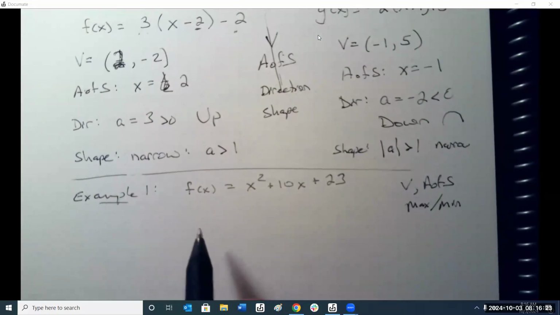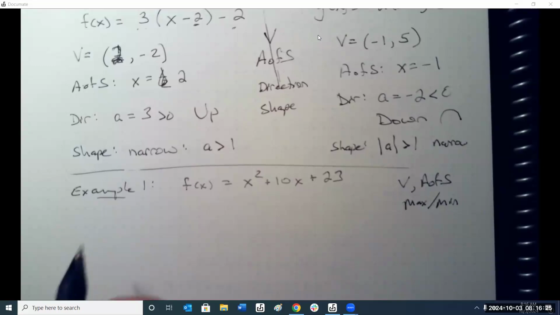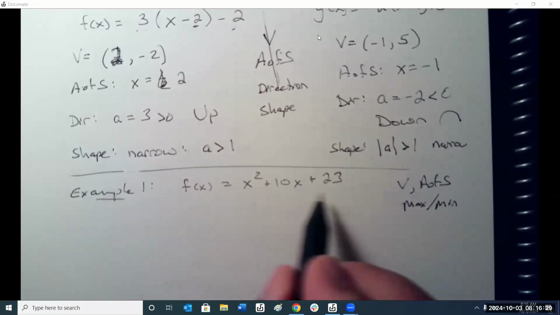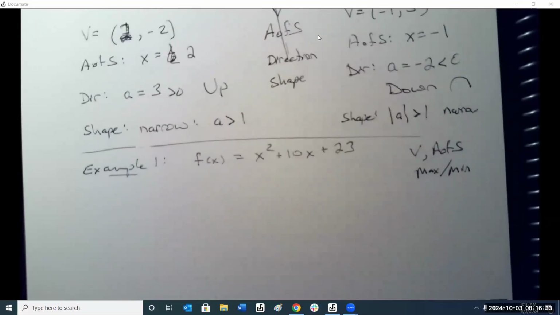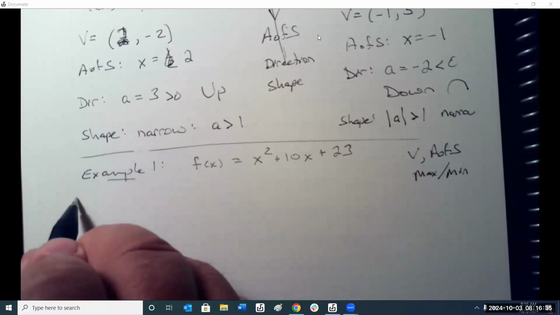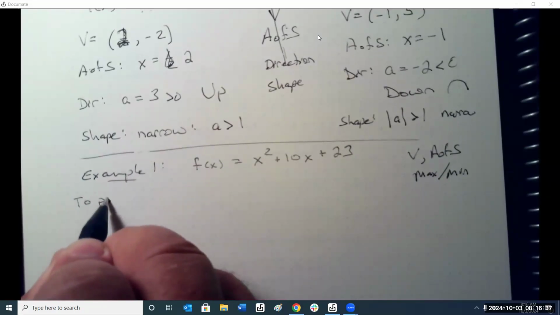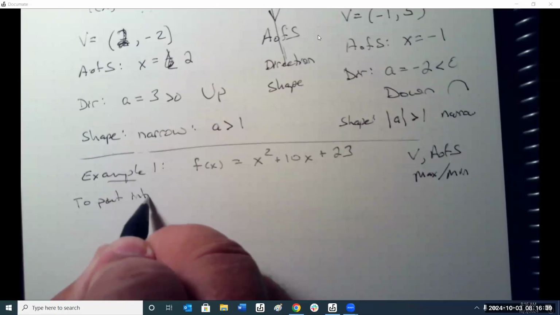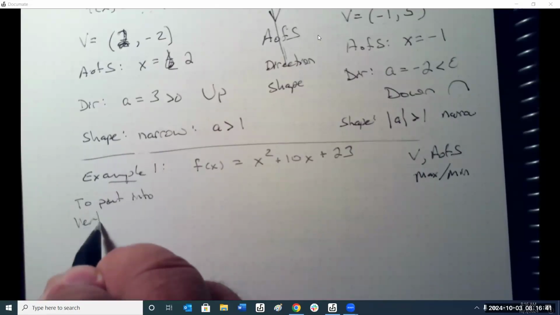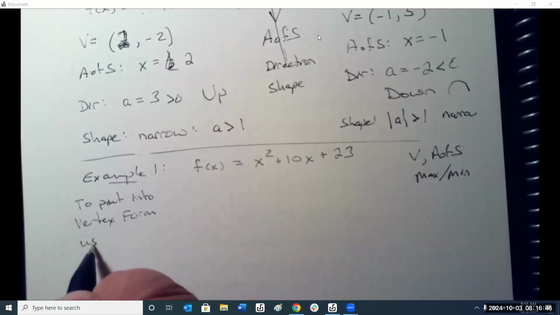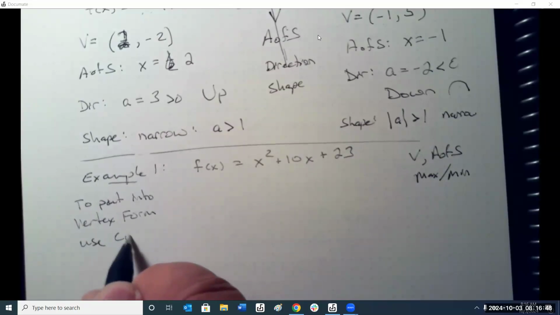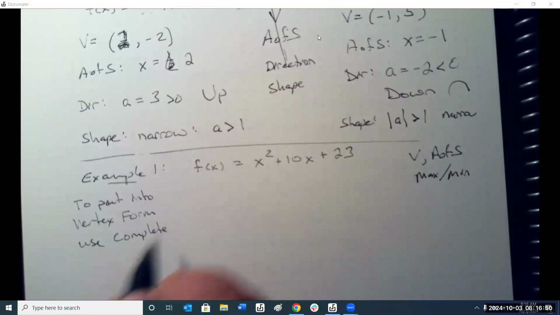To put this in standard form, to put this into vertex form, use complete the square.